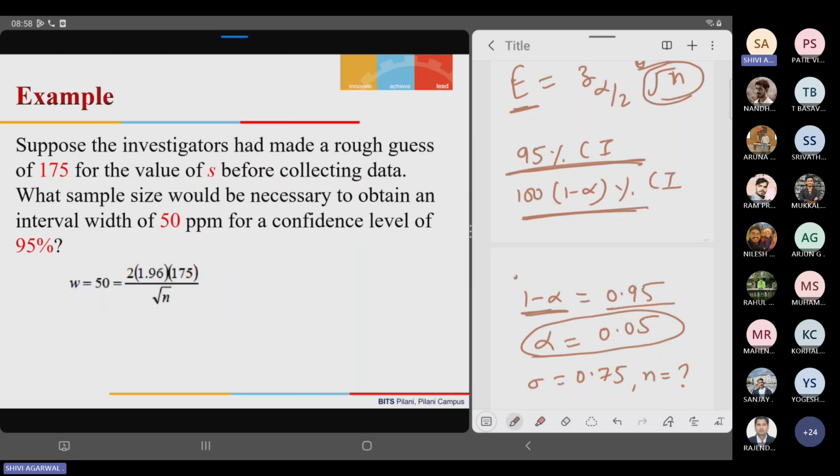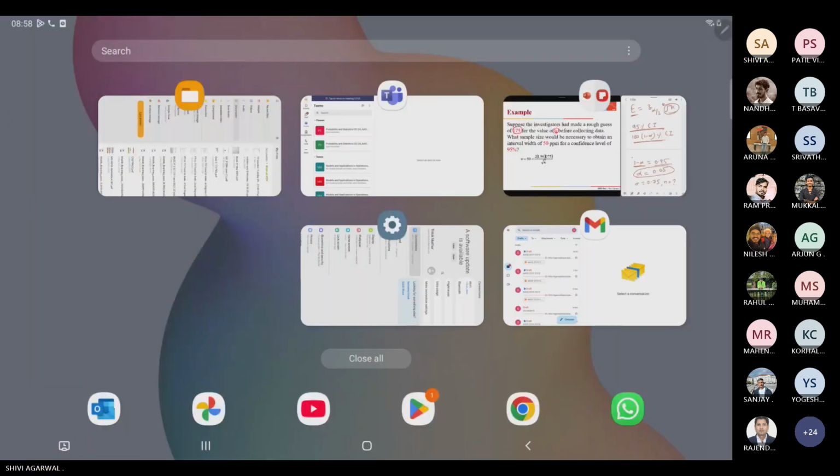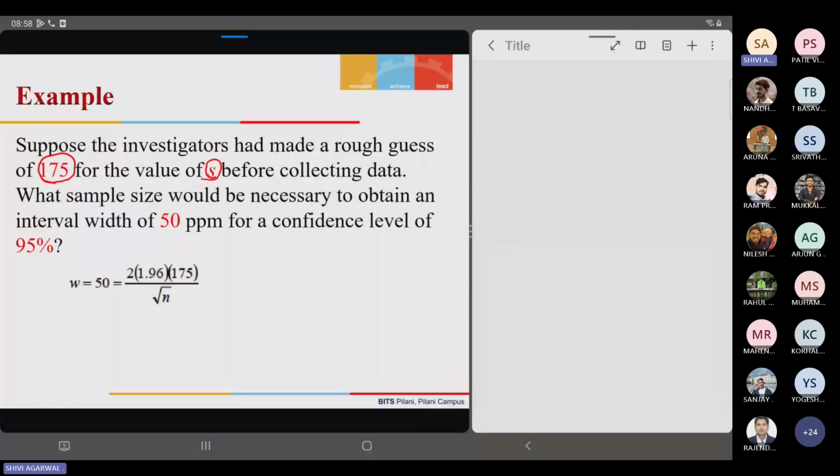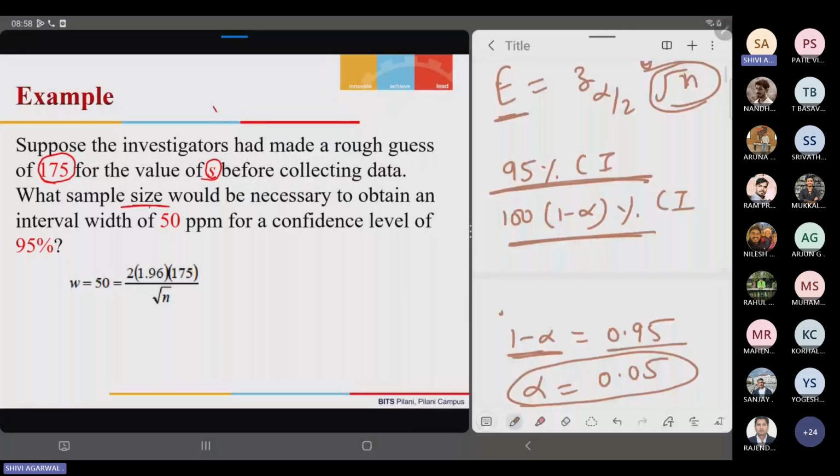Now same thing, suppose the investigator had a rough guess of 175 for the value of S. So S is given as 175. What sample size n would be necessary to obtain the interval with width of 50? Okay. So now this is the rough guess that is given. So we can use the Z distribution here.